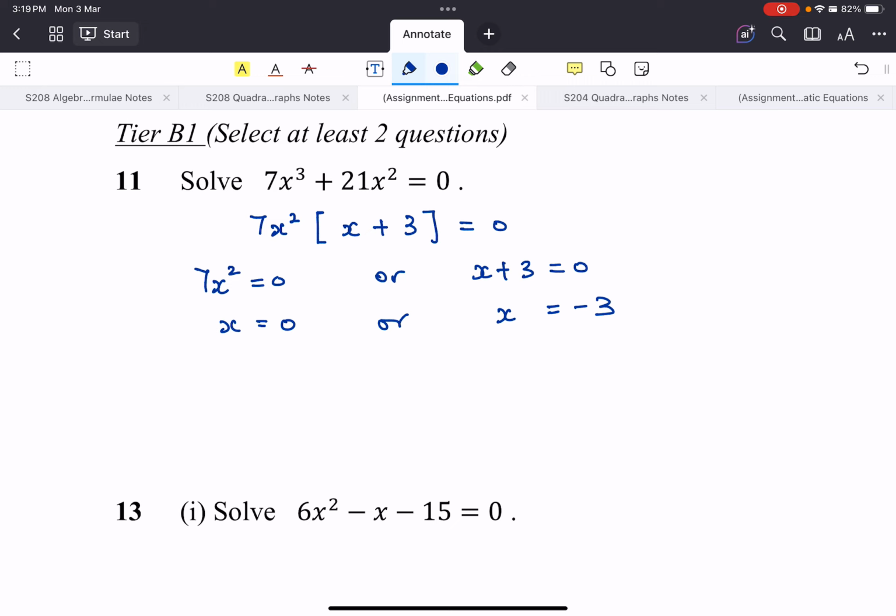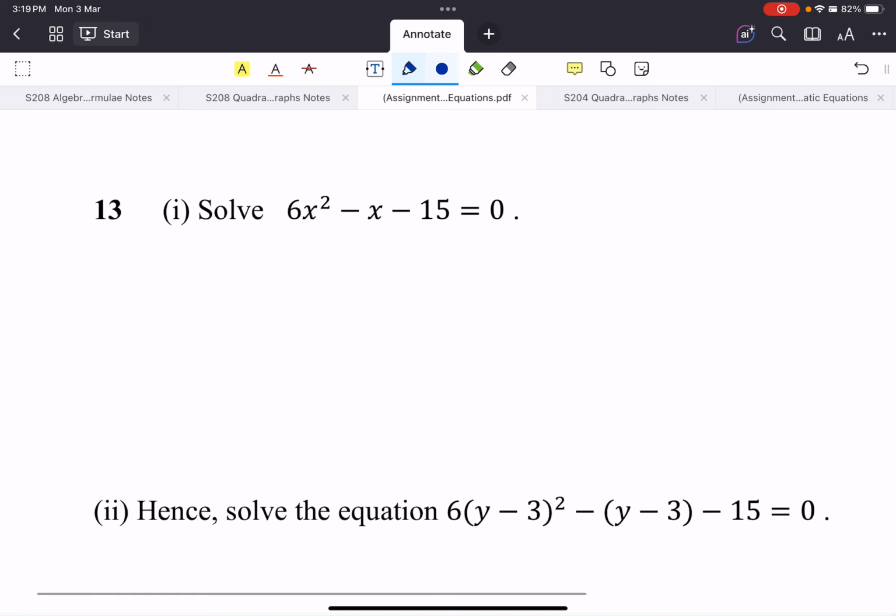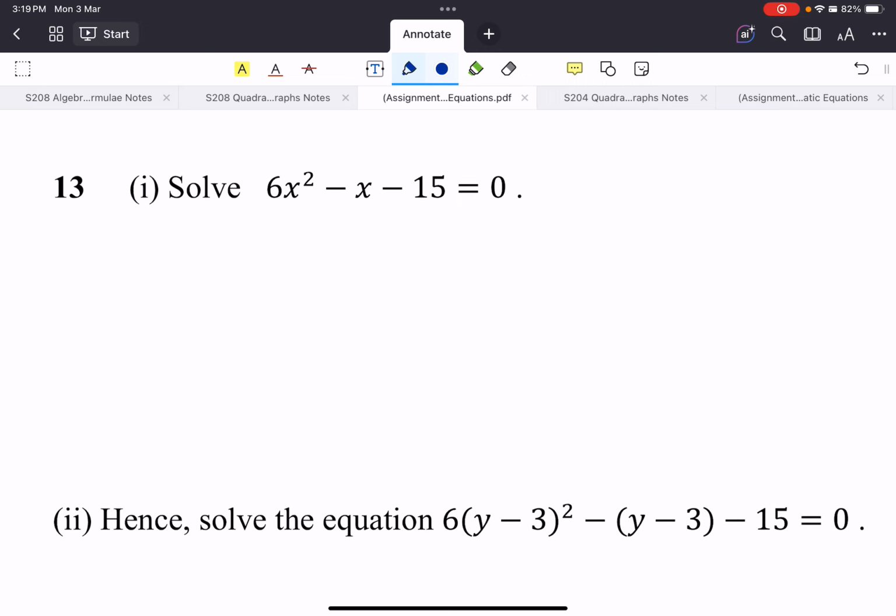Moving on, next one, we have 6x squared minus x minus 15. There's no common factor to extract, so we have to use the cross method or something equivalent. Let's see if we can sort this one out. For 6, I can try 3x and 2x. Then if we have 5 here and 3 here, this will give us 9x and this will give us 10x.